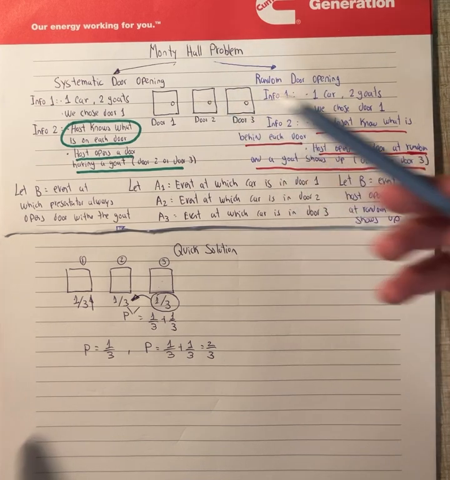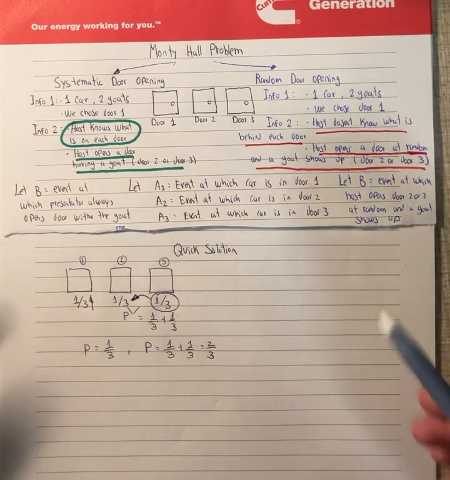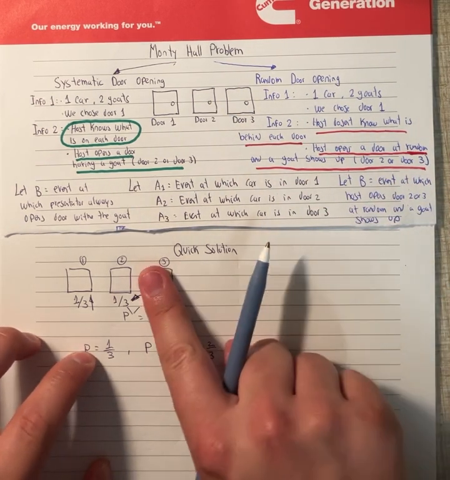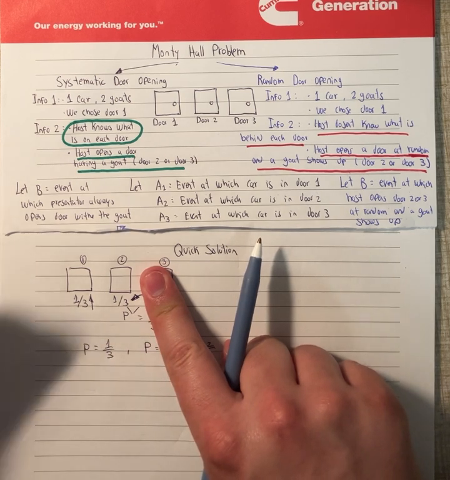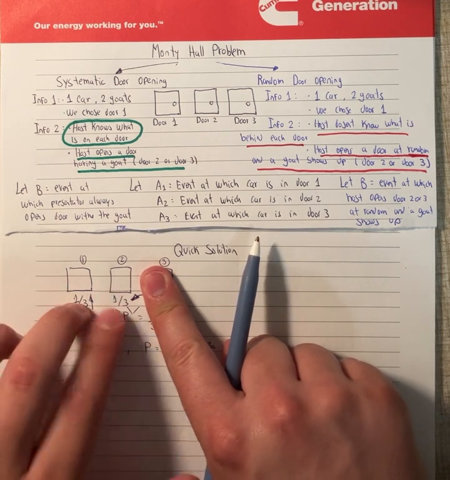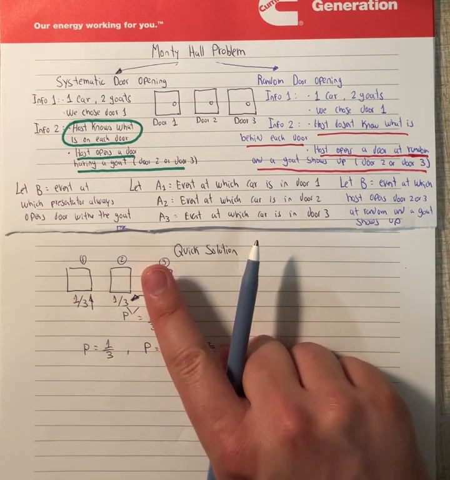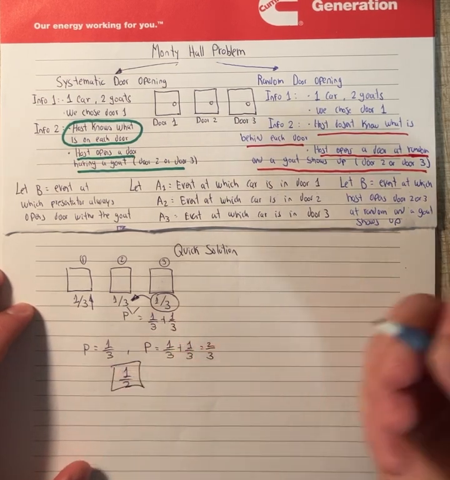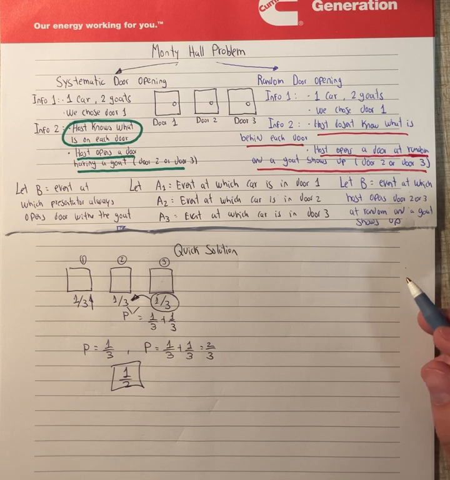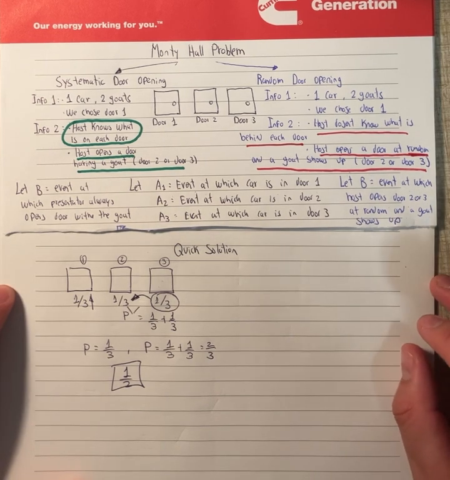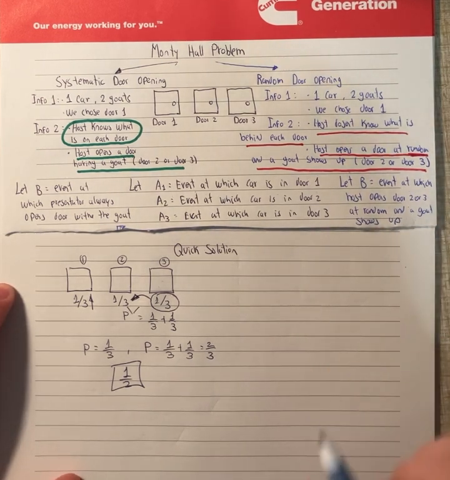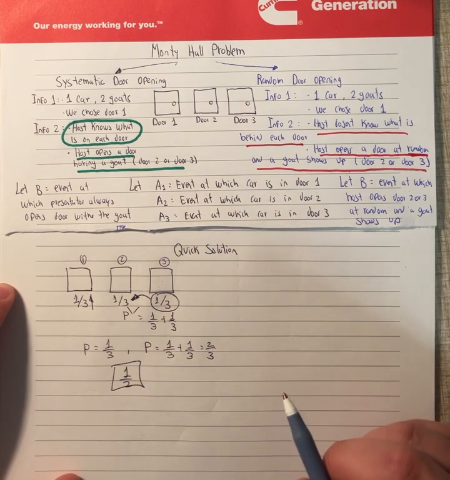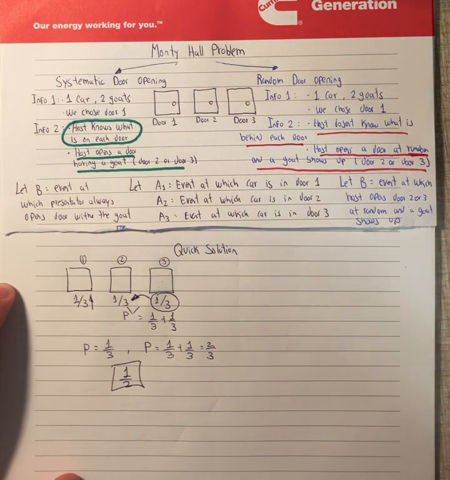That's why this problem is so famous, because he opens this door, there are only two doors left, two options, we know the car is in one of them, so it should be 1/2, right? That's what a lot of people think, including me. That's what you might logically conclude. But the reason why this is not the case, we're gonna explain later with a good formulation of Bayes' theorem.